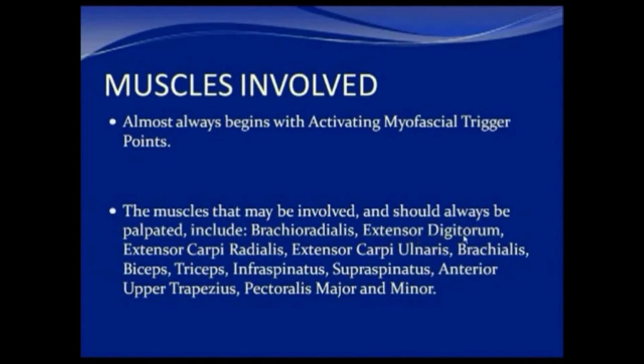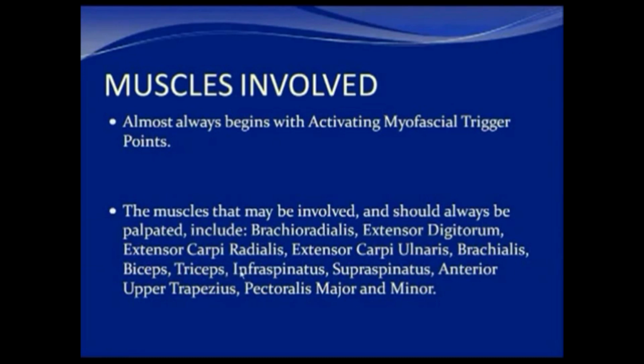brachioradialis, the extensor digitorum, particularly the one that moves the third finger, the extensor carpi radialis, the extensor carpi ulnaris, the brachialis muscle, biceps, triceps, infraspinatus, supraspinatus, anterior upper trapezius, pectoralis major, and minor.